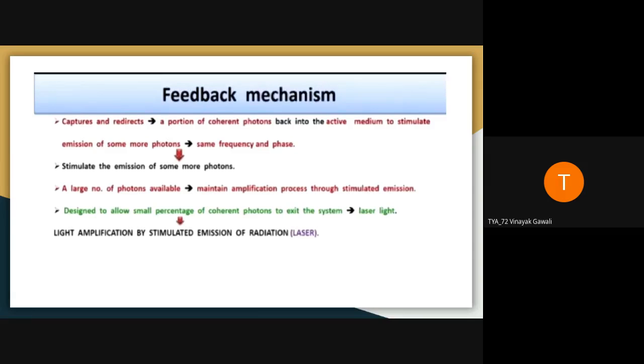Then when it falls on, then only that machining will take place. Okay, and you can use that laser to carry out that machining, as we know. And so to generate more energy or to generate more number of photons, there should be feedback mechanism.